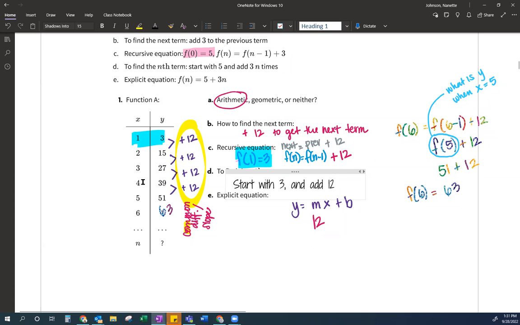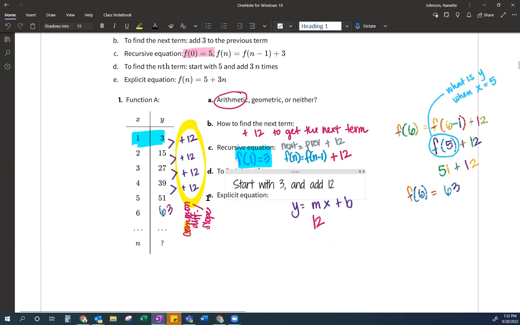To get to 4, I added 12 3 times. 1, 2, 3. To get to n, am I going to add 12 n times? This is kind of like the exponent thing that we figure out. So my question is, what goes right here? How many times am I going to add 12? 1 time, 2 times, n times, some different number?